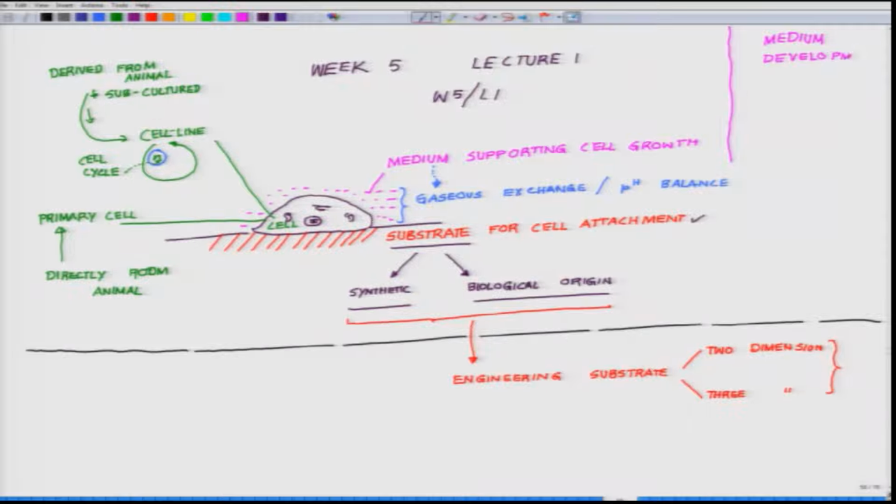But what is critical about medium development is defined medium. Sometimes people call it also, or very close to, I won't say that this is the exact meaning, but very close to something we call serum free medium.